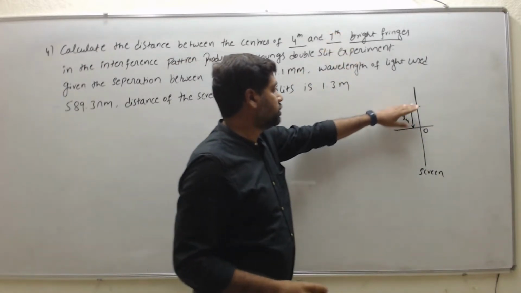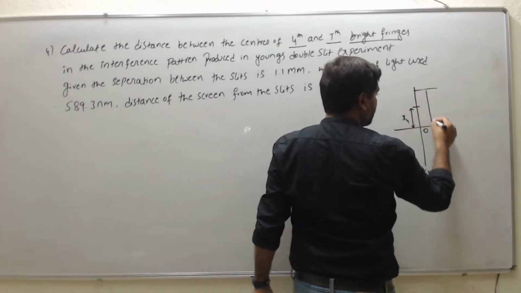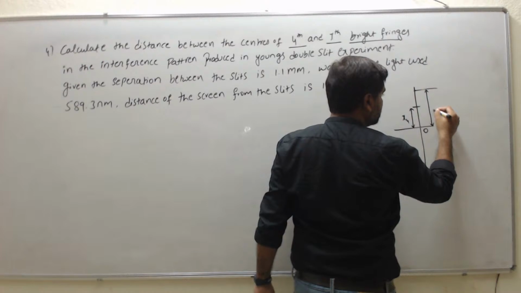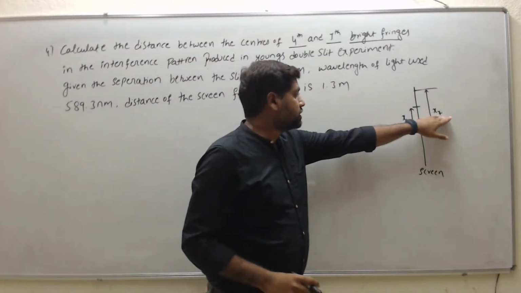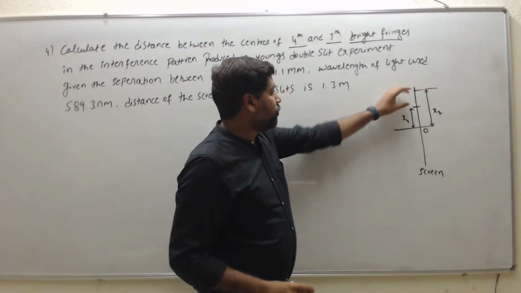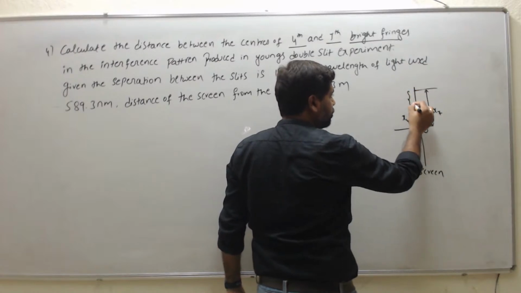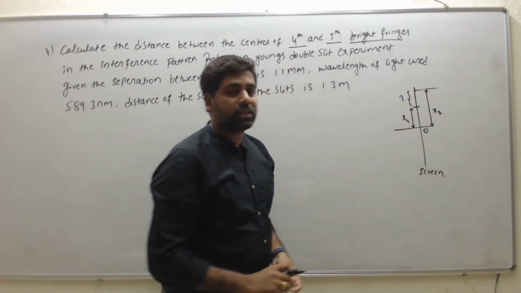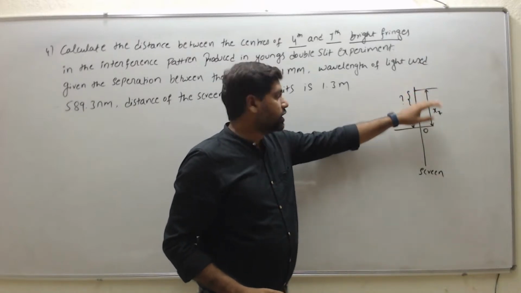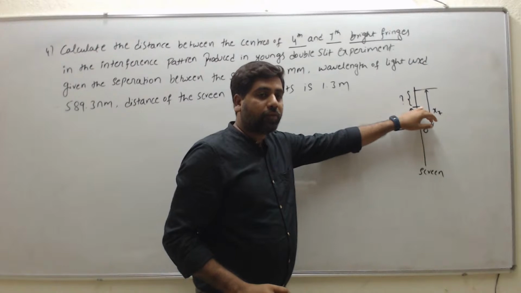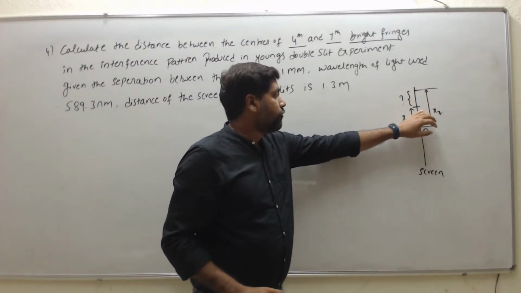Then after 4 we have the seventh bright fringe, somewhere here, at distance x7 from the central bright fringe. So we need to find the distance between x7 and x4, that is, between the seventh bright fringe and the fourth bright fringe.